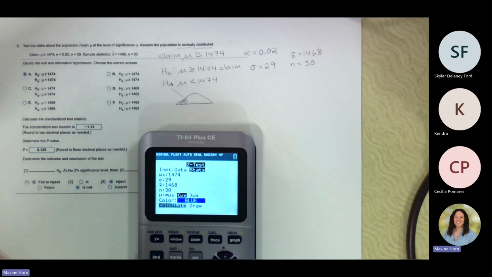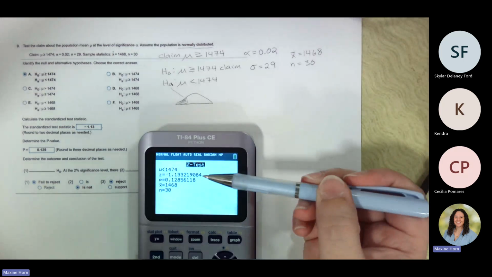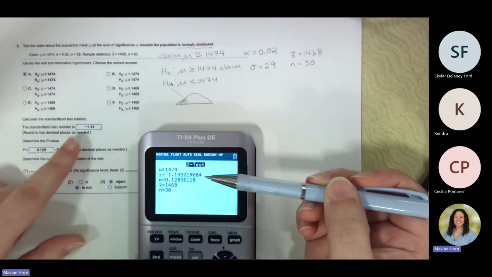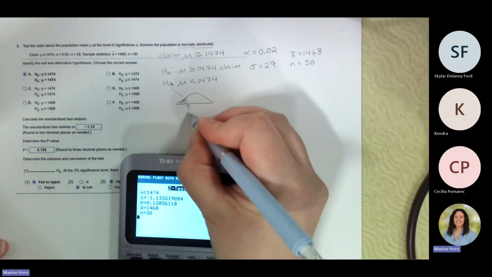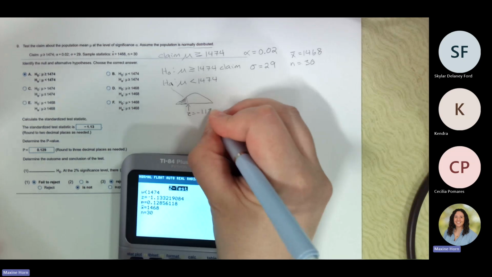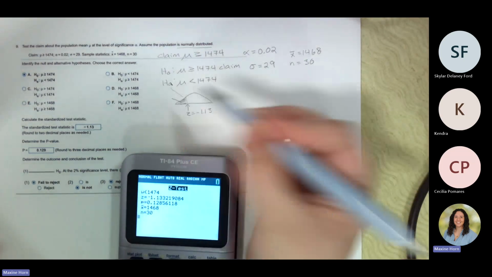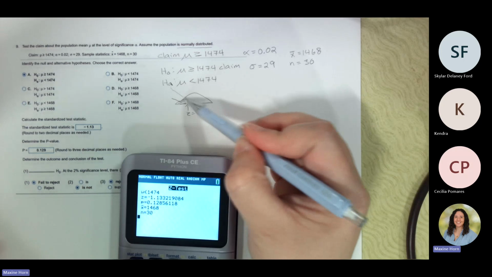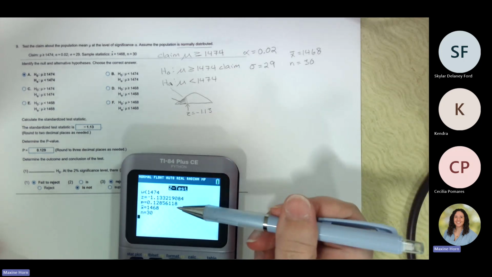Then we go calculate, and we get our information here. Our z is our standardized test statistic, that is this value right here. The z-score is negative 1.13 if we round to 2 decimal places. And then the p-value, which is the area to the left of that z-score, is right here, 0.12856 and so on.